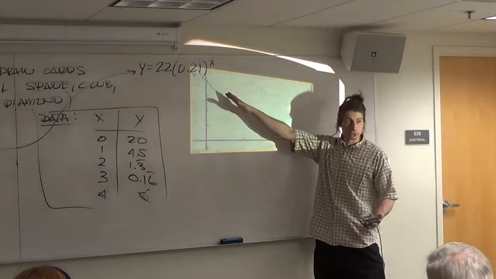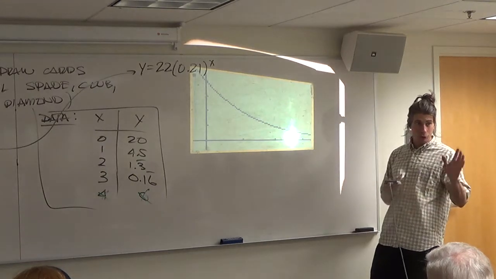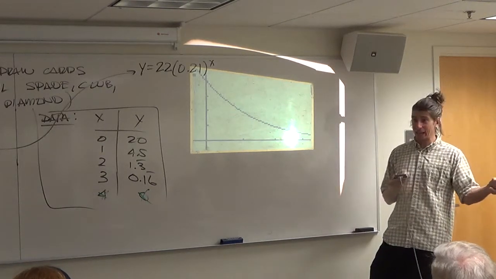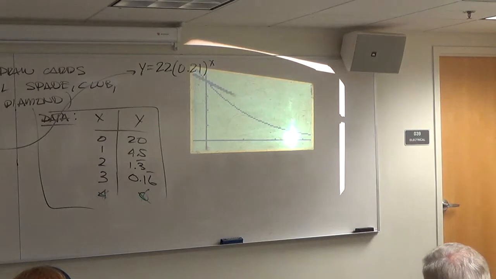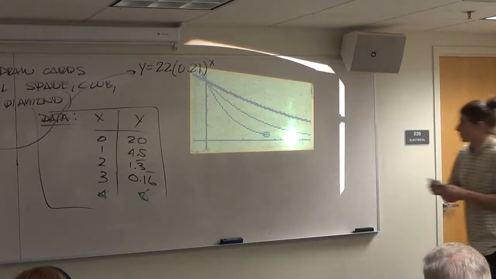This is y equals 20 times 0.5 to the x. I'm now going to graph y equals 20 times 0.75 to the x. Here he comes. Now watch. This one is 20 times 0.25 to the x.